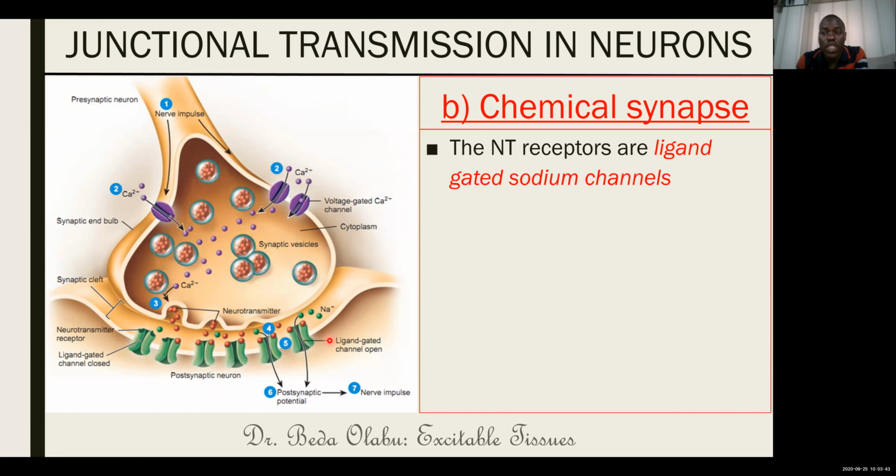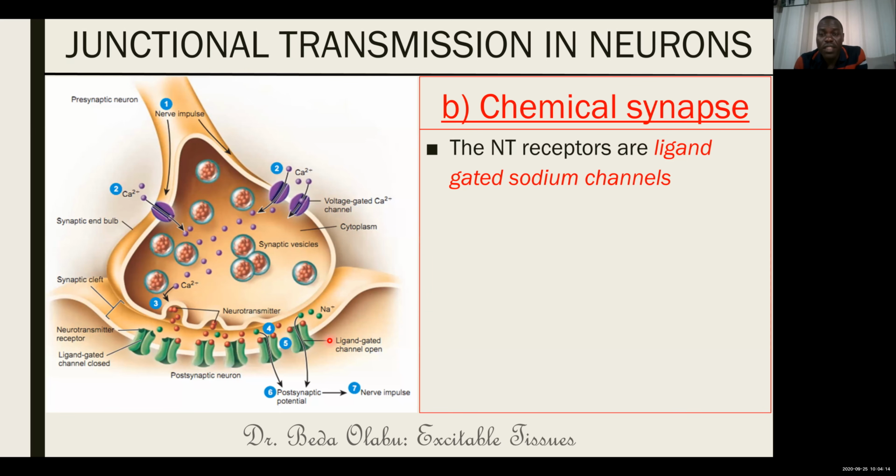Not voltage-gated sodium channels, but ligand-gated sodium channels. What does that mean? It means that the channel is usually closed, but can open if the right chemical binds on it. The right chemical here is a ligand.